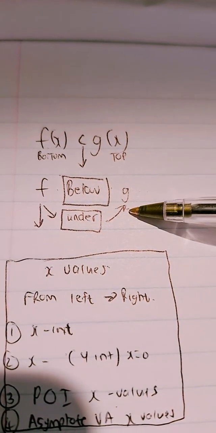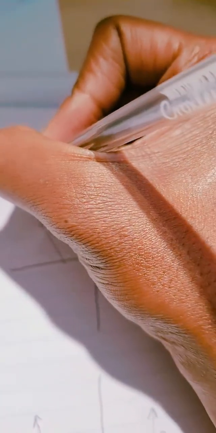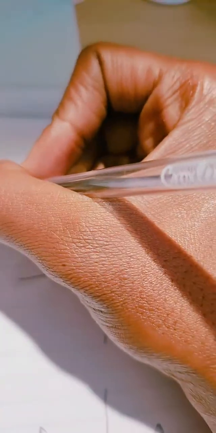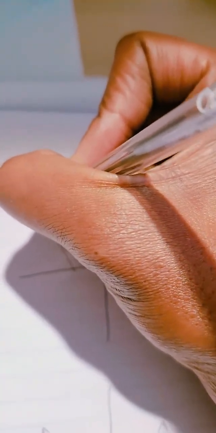But if they had said F of X greater than G of X, then we know who's at the top, F, who's at the bottom, G. So when you are looking from left to right, you look for the interval where that is the case. This means F is above G. So you are looking for where F is at the top whilst G is at the bottom.